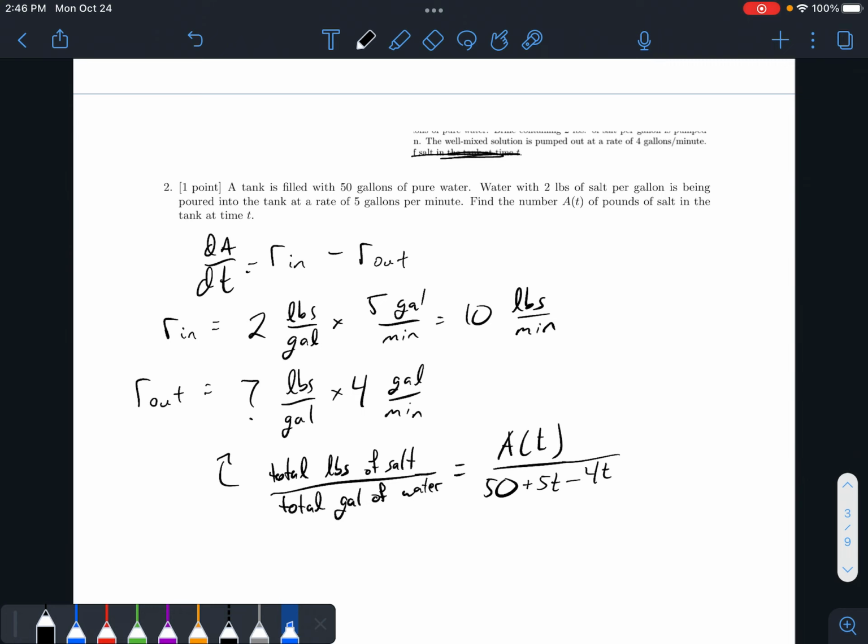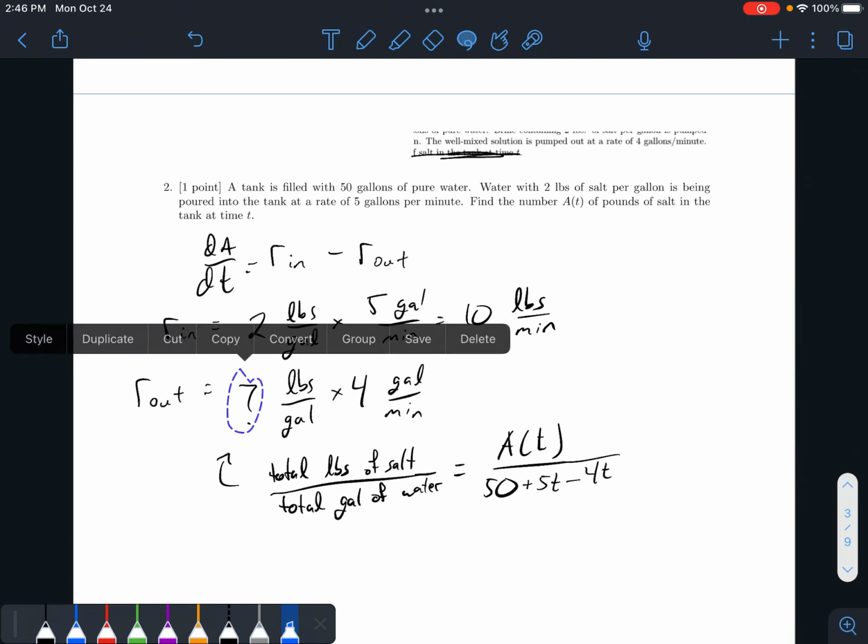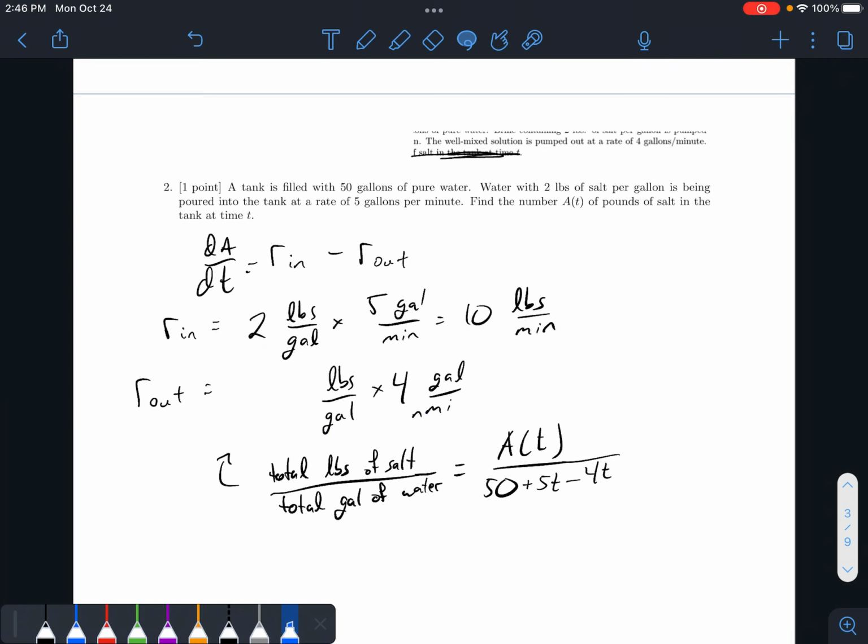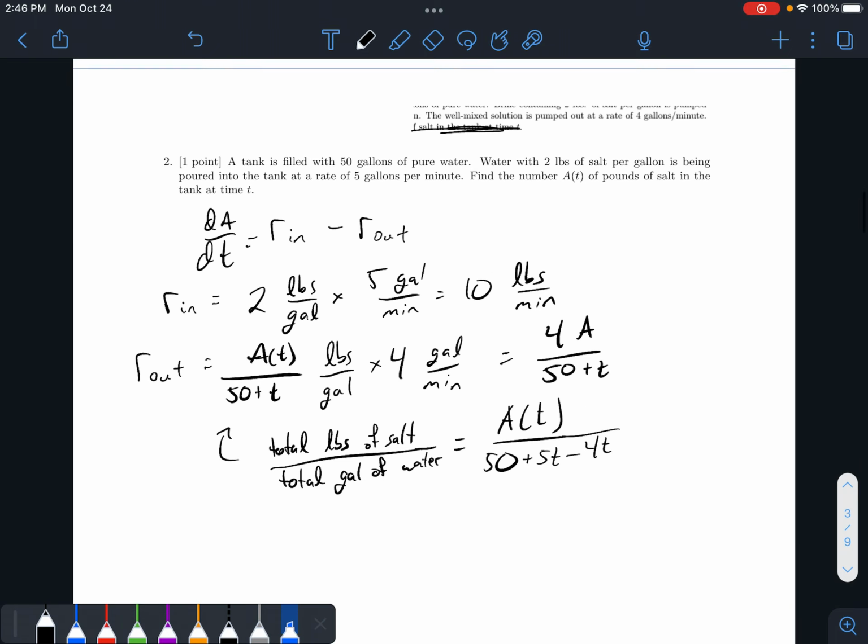So this is equal to 50 plus t. So let's change that to just A of t over 50 plus t. Maybe I'll make that A of t. Okay, so this is 4A over 50 plus t.